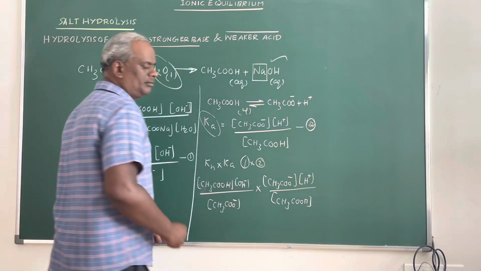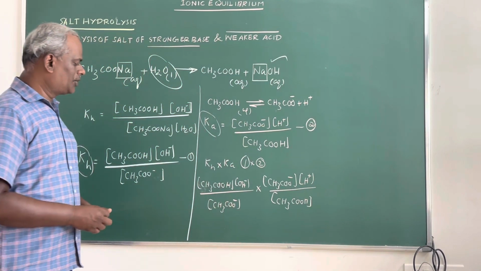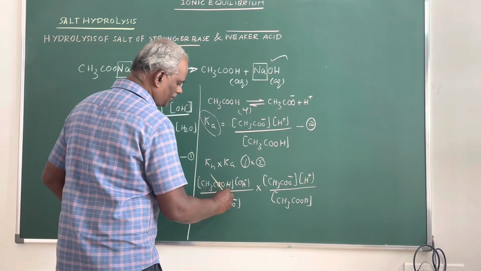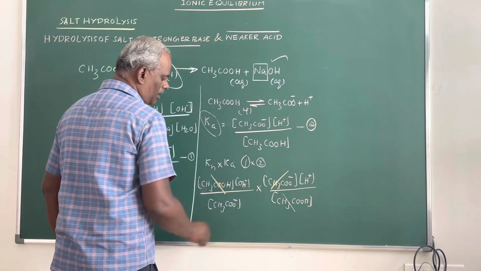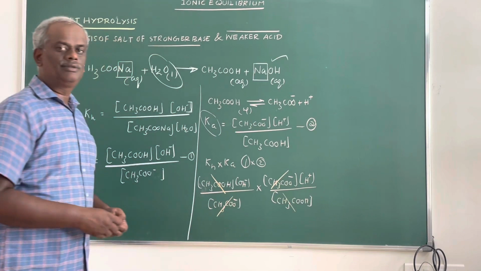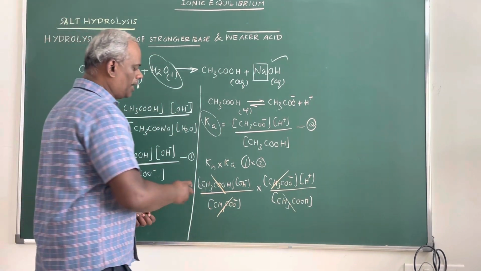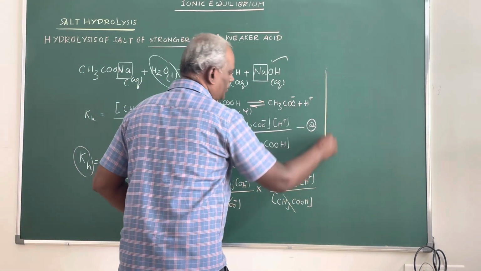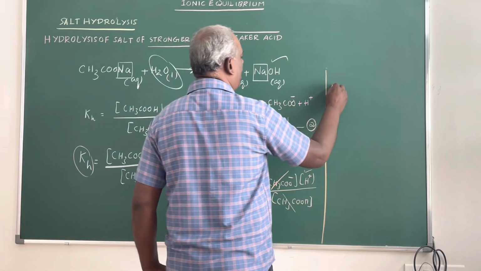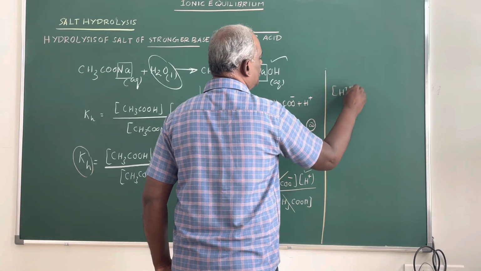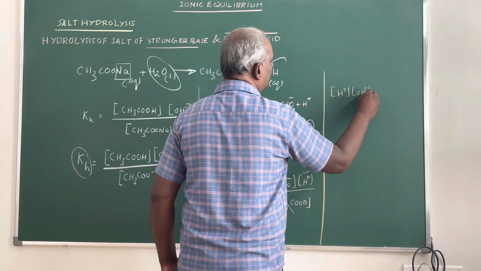You see, the common terms can be cancelled. Acetic acid is getting cancelled. Acetate is also getting cancelled. So which is left there? The OH minus and then H plus. So we can have H plus into OH minus.